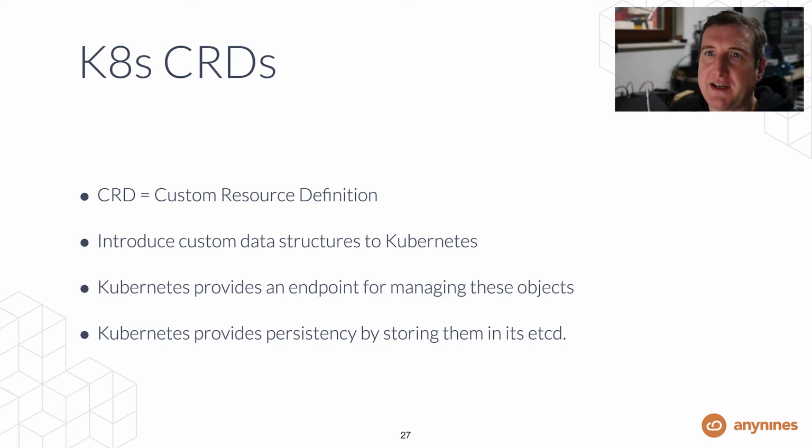So it's basically like a service broker where it provides you the endpoint to store the objects, the service instances, so to say, you want to create. You can store them by creating them using that API Kubernetes will offer you using the kubectl command, and you can also retrieve them.